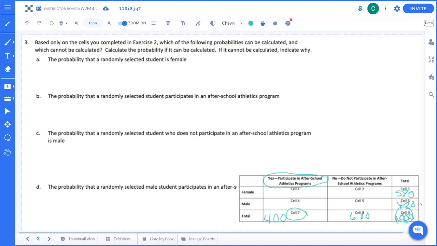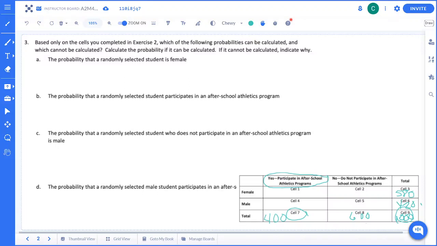Okay. So, now it wants to know, A says the probability that a randomly selected student is female. So if we're just randomly picking, we're going to see what is the probability that that student will be female. And when we're talking about probability, you don't want to write percentages, okay? Because that's saying what percent is.